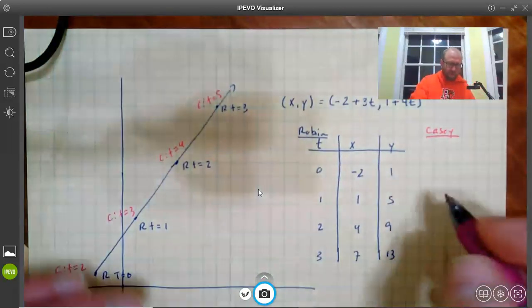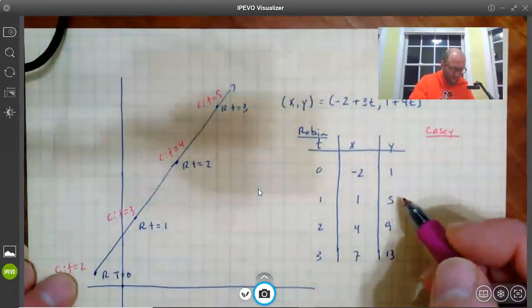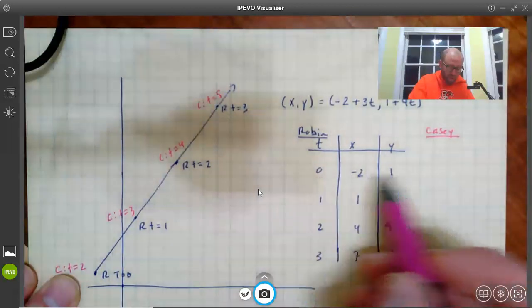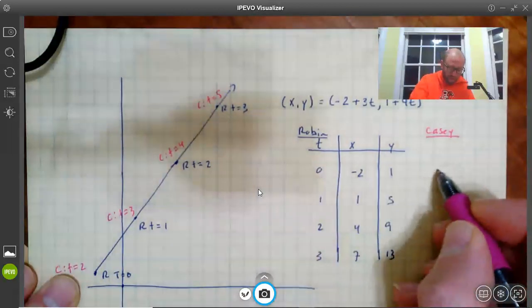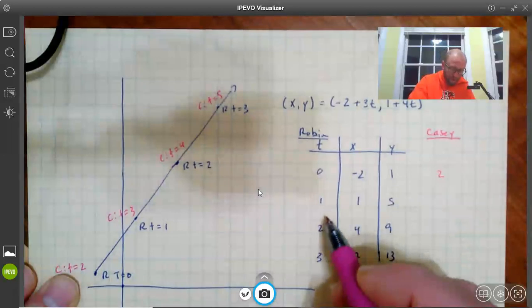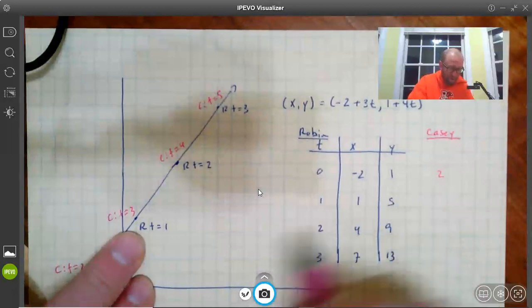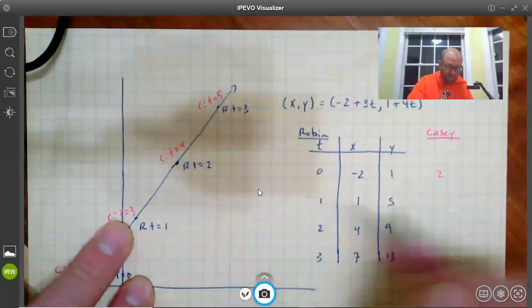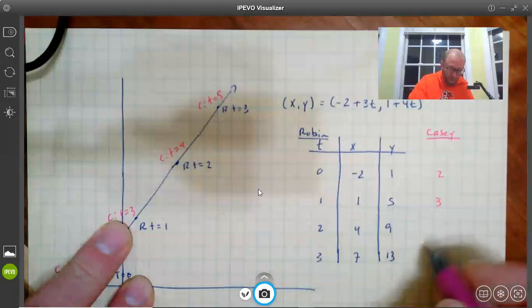So we can put Casey's times over here. At time equals 2, Casey is where Robin is at time equals 0. So here's Robin's time, here's Casey, that's a 2. And then Robin's time equals 1, that's where Casey is at time equals 3. And then 4, and then 5.